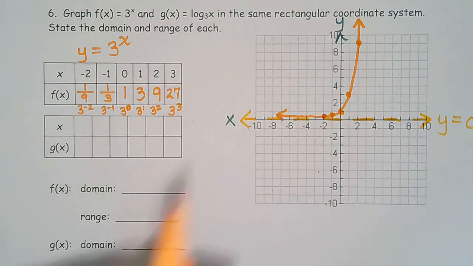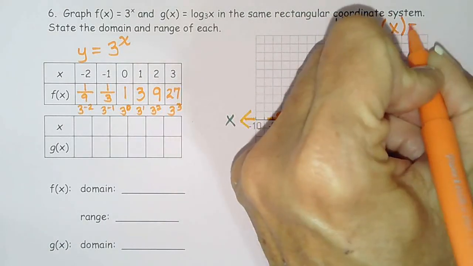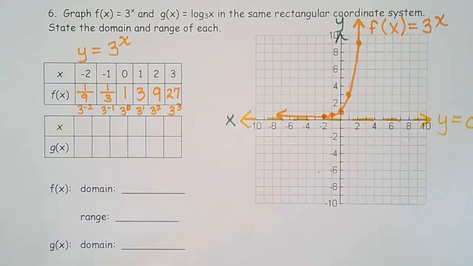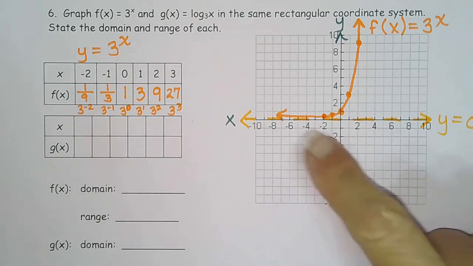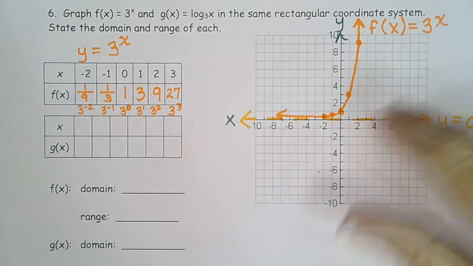So this one is f of x equals 3 to the x. And we are supposed to always label graphs if you're going to have more than one on a graph. So that's called the exponential graph. And because the base is greater than 1, it's called an increasing function because it rises from left to right.